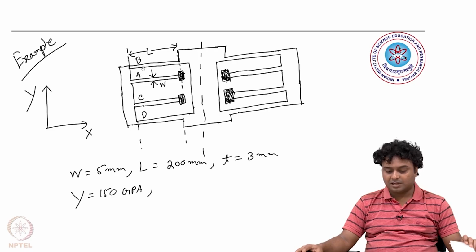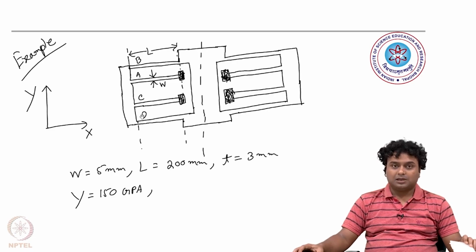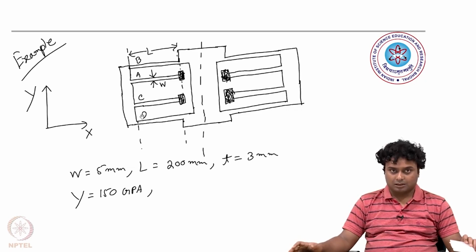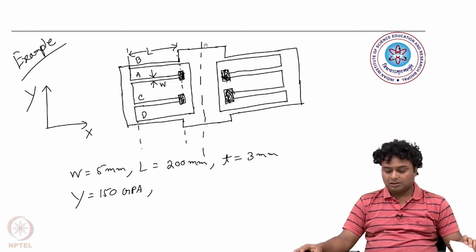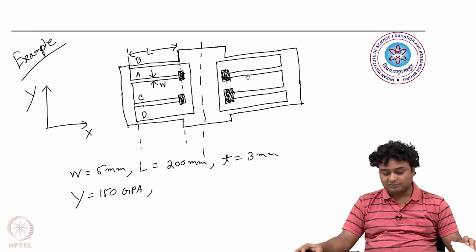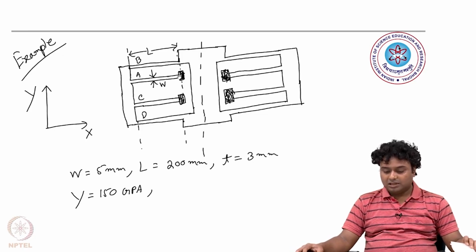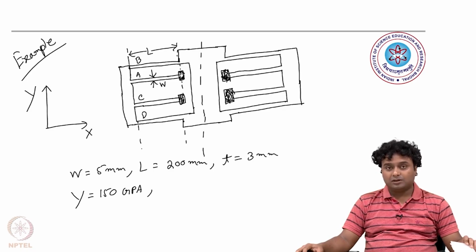Now, see these beams I have named A, B, C, D. All these four beams are of the same width, length and thickness, and across this dotted central line along the y axis, both sides are symmetrical. According to my drawing it is not, but you can assume it to be symmetrical, with the same dimensions and arrangements on both sides. Now, the black shaded lines are the ones which are actually fixed.